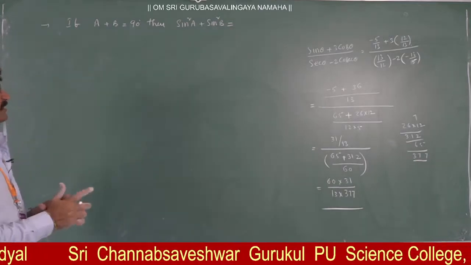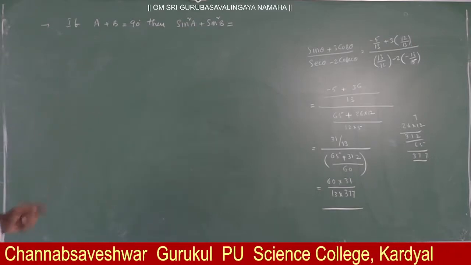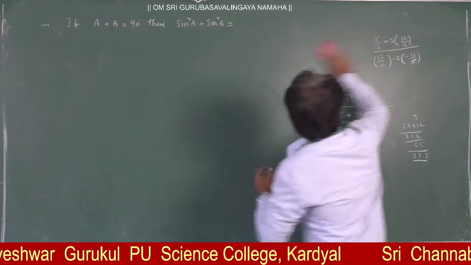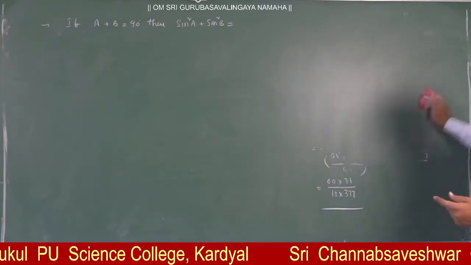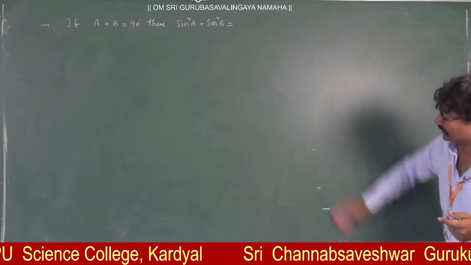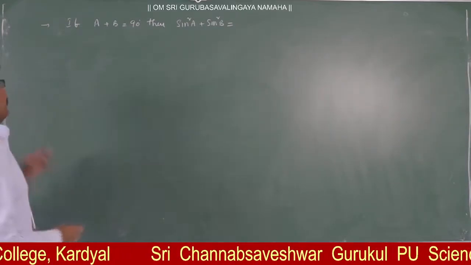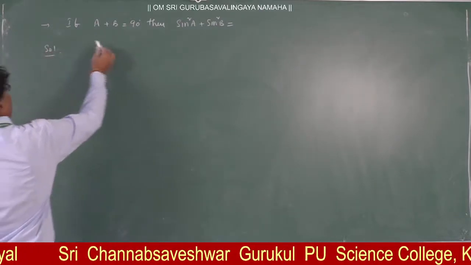A plus B is equal to 90 degrees. Sin square A plus sin square B is equal to. I will explain. So what is the given condition? How to simplify? That is the concept.